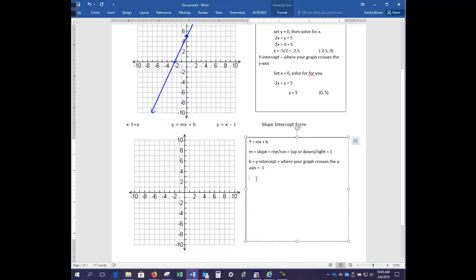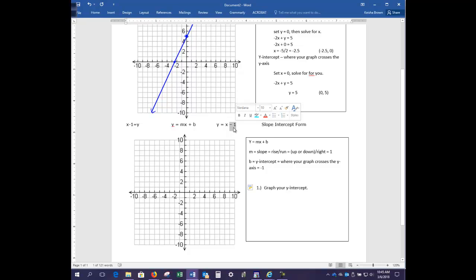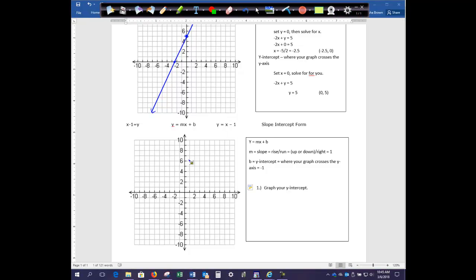When you're graphing using your slope and y-intercept, the first thing you do is graph your y-intercept. This is your starting place. Your y-intercept is whatever is added or subtracted onto your equation. Here you're subtracting 1, so that's the first point we plot, at negative 1. And then from that point, we use our slope.